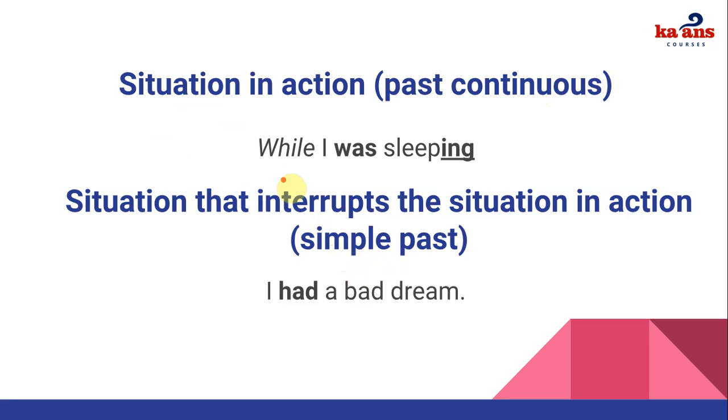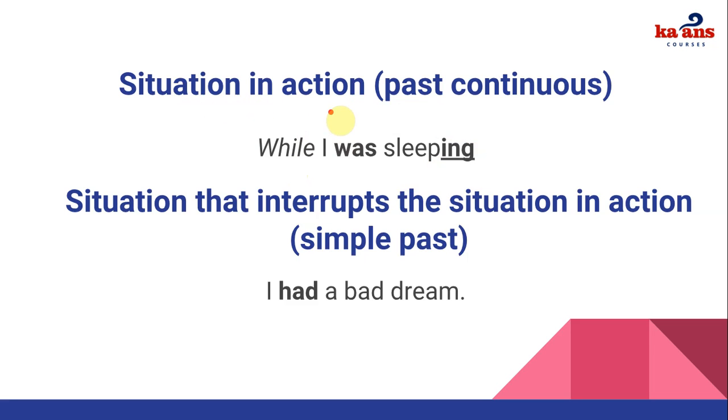Here we have an example: while I was sleeping. This is an example of a situation in the past, and all of the information here has to do with the past. While I was sleeping is a situation in action.